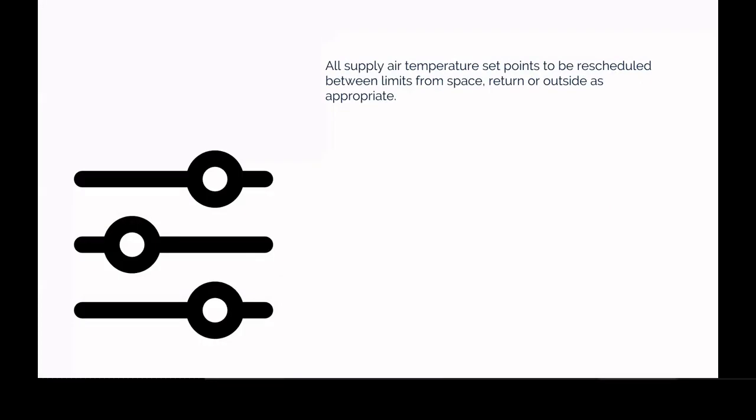All supply air temperature set points are to be rescheduled between limits from space, return, or outside as appropriate. Why? Really, we just want to reduce the demand on the plant. So we want to utilize the data that's in and around, whether that's outside or in the building, in order to say, rather than providing a static set point in your supply air at 18 or 19 degrees, let's use the feedback from the environment to give a more precise supply air set point.